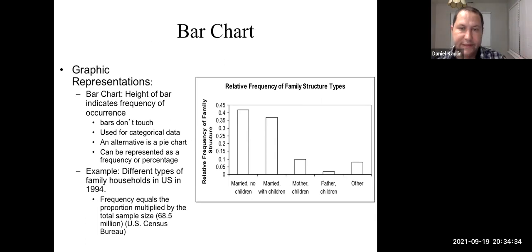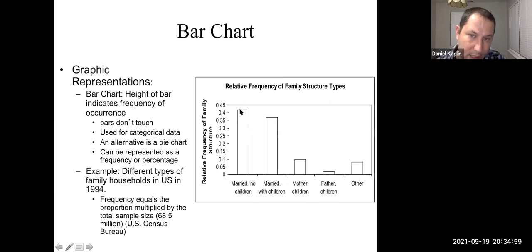All right. So your x-axis has your participant variables or your categories: married without children, married with children, single mother with children, single father with children, and some other family structure. And on the relative frequency, this is our proportion.